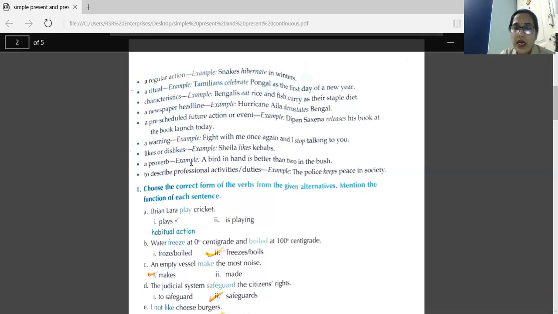Next one, a proverb. In proverbs, we use simple present tense only. See this example. A bird in hand is better than two in the bush. Here we have verb is. Is in this sentence is used as main verb. Otherwise, it is known as auxiliary verb or helping verb. Is, am, are. These are present words.